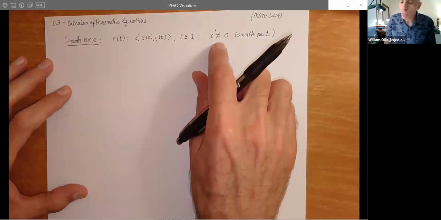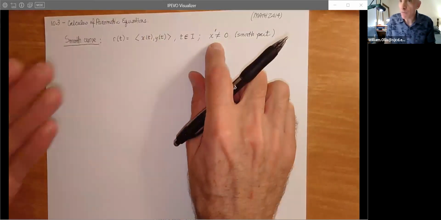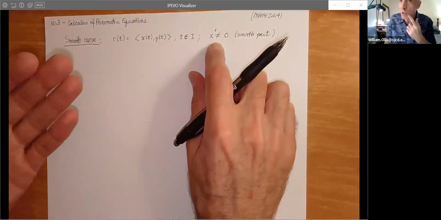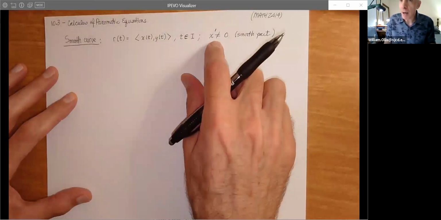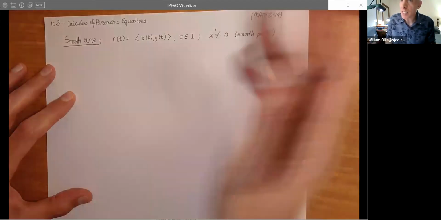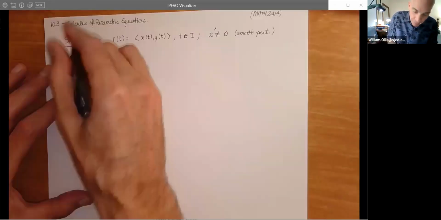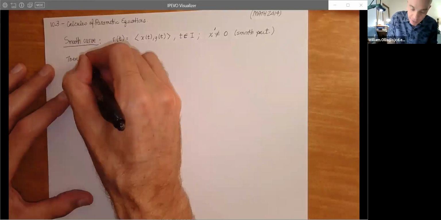Now, what we'll see here is that when the derivative is non-zero, then we have what we call a one-to-one function. We either have an increasing or decreasing function. And so with that in mind, we say the function x of t is invertible. So again, we're using the calculus invertibility hypothesis.